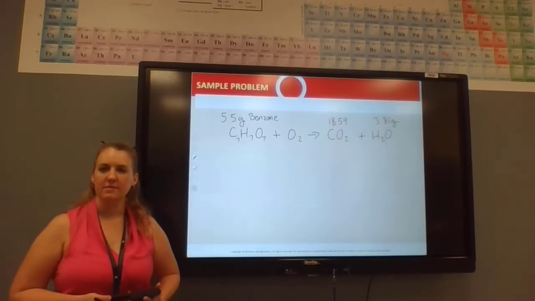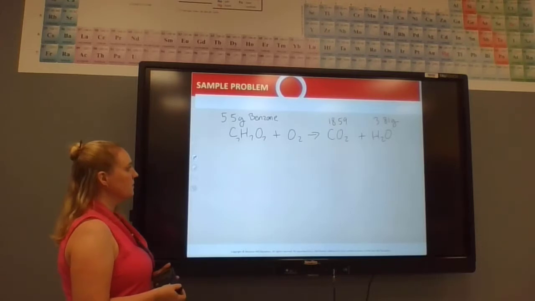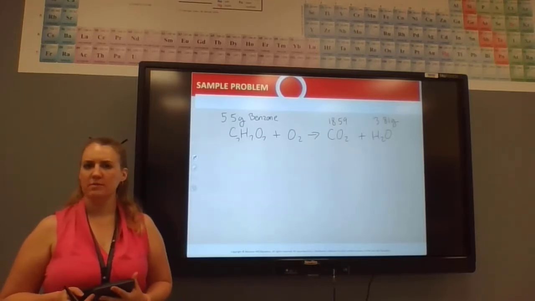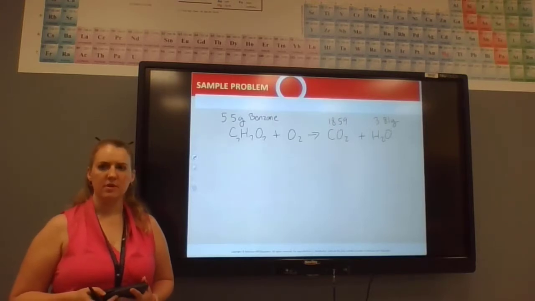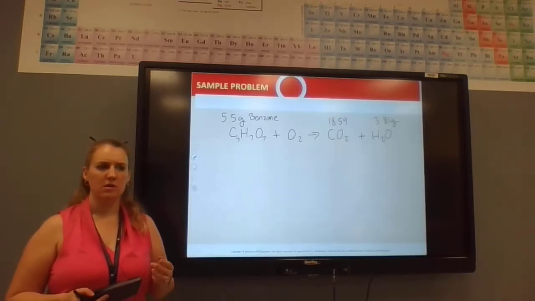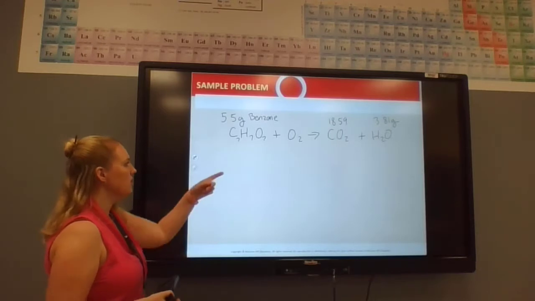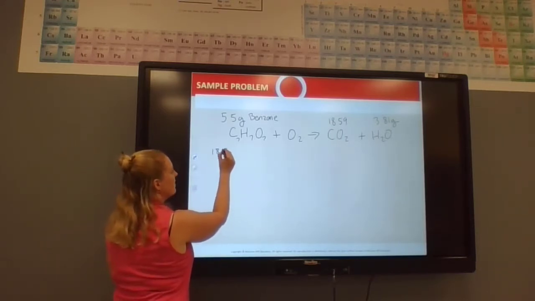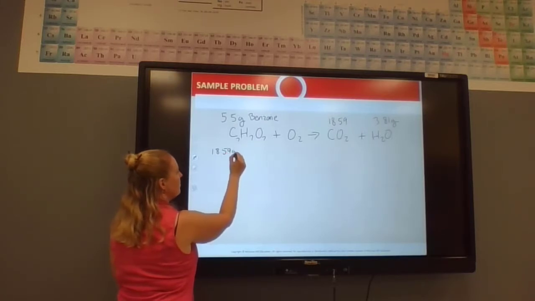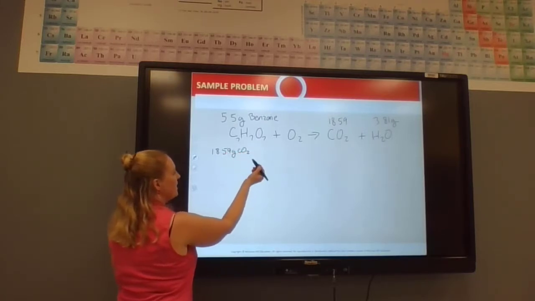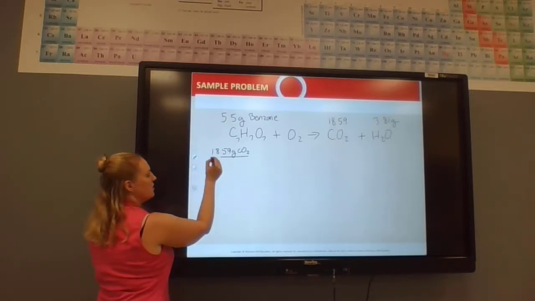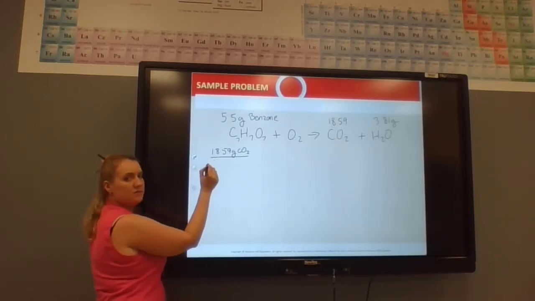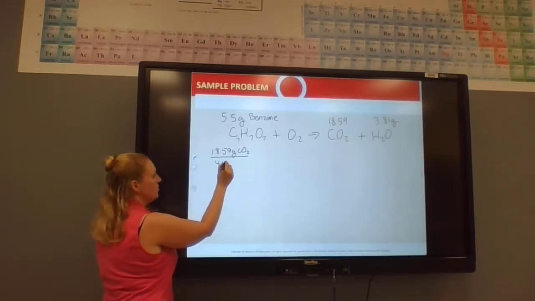So what was our first step in the last problem? Convert grams to moles of what? CO2. Okay, so let's start with that. 18.59 grams CO2. How do we convert that to moles? Good. What's the molar mass for carbon dioxide? 44.01 grams per mole.